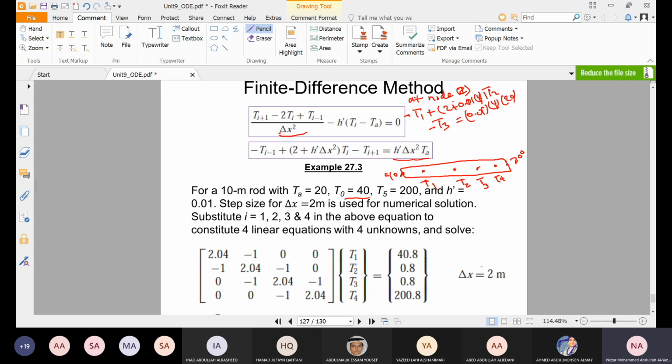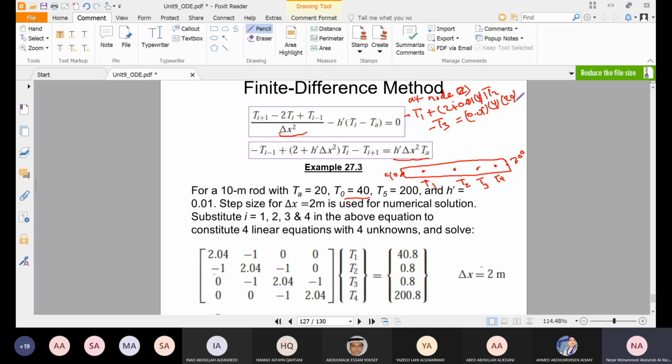We substitute i by 2, so here we have minus T1 plus 2 multiplied by 0.01 delta x squared multiplied by T, because Ti, so this will be T2, minus Ti plus 1, so this will be T3, and this equals the value of the constant multiplied by Ta. So in this equation we have 3 unknowns.